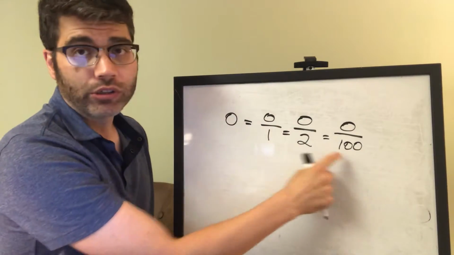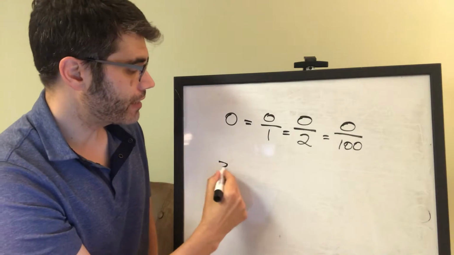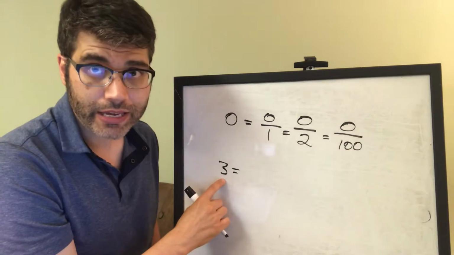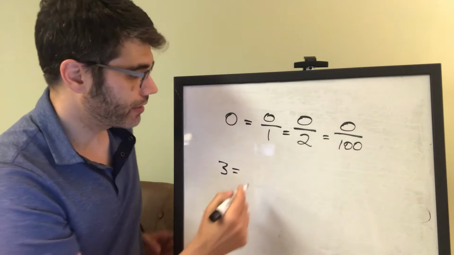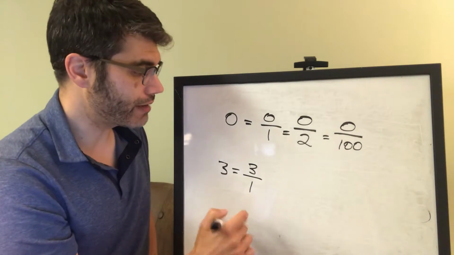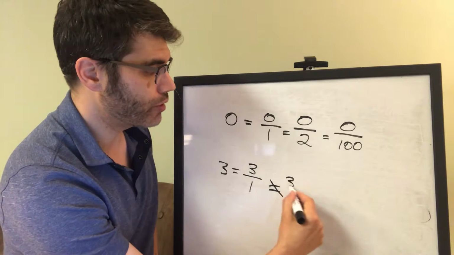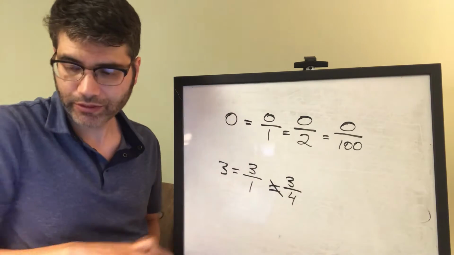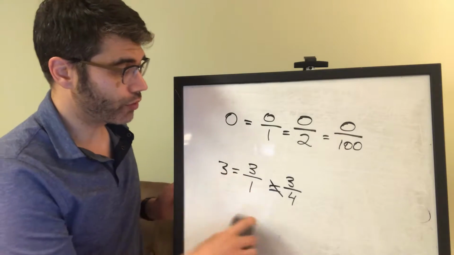All of these equal each other, whereas if I want to write 3 as a fraction, it needs to be over 1, okay? It would not equal 3 over 4. It would only equal 3 over 1.